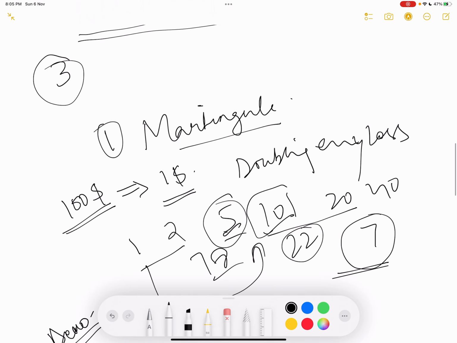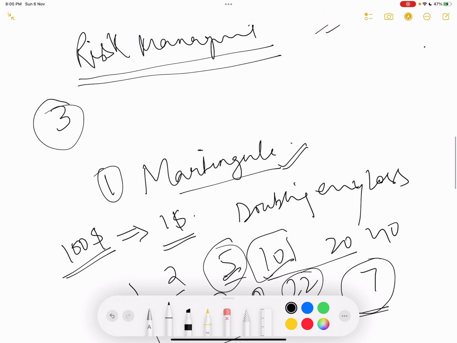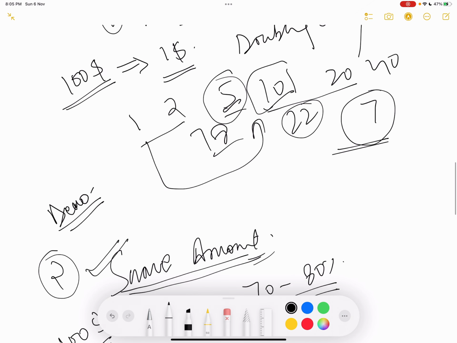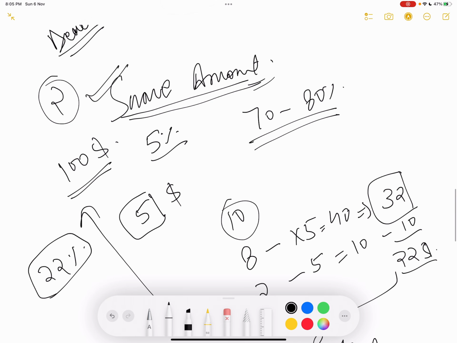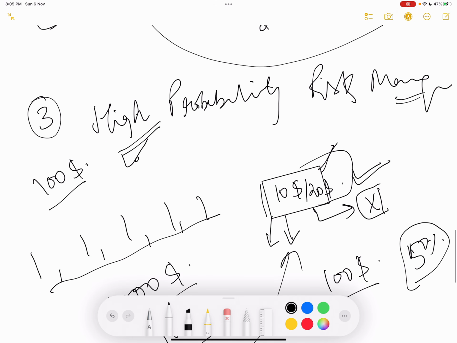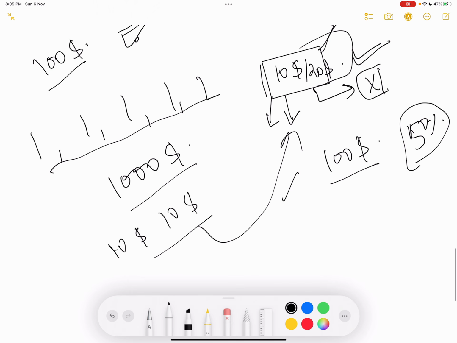For risk management, always remember, for beginners, use only this one. Or what you can do is, for beginners to practice, you can just practice with $1 each. And once you get better, you move to the same amount strategy. And once you get even better, you move to this one, and this one will change everything for you.